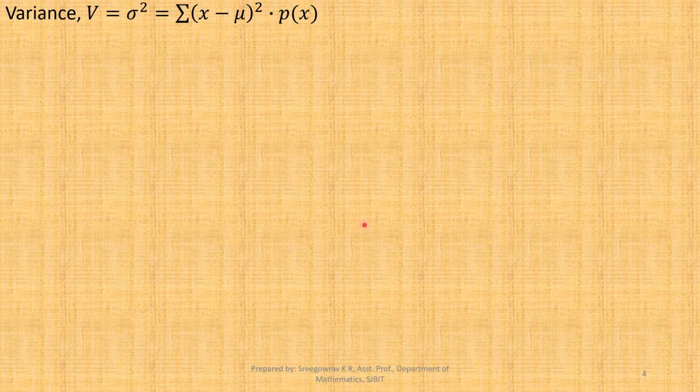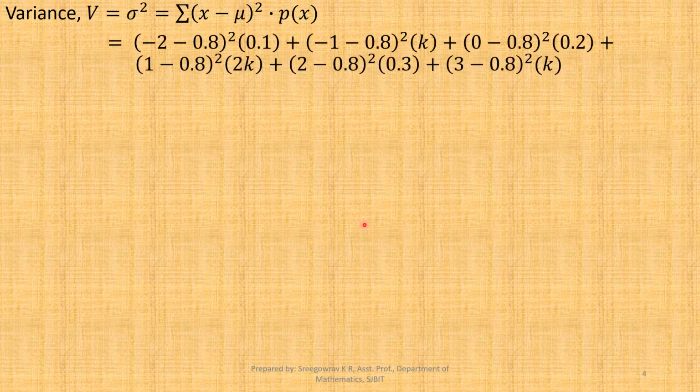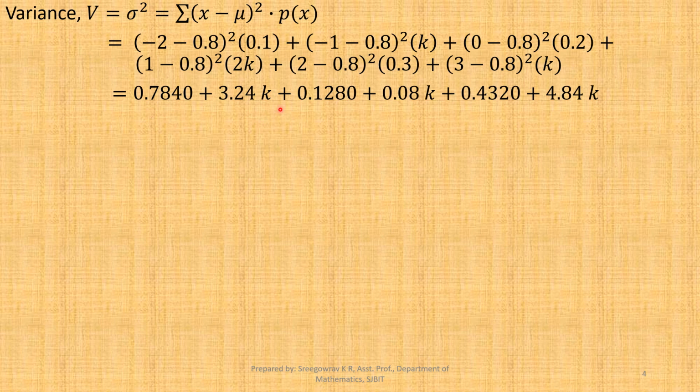Now using the values of x and p of x from the table, that is minus 2, minus 1, 0, 1, 2 and 3, mu is common for all the values, and substitute the respective p of x values from the table: 0.1, k, 0.2, 2k, 0.3 and k. Simplify this expression, we will arrive at this particular equation, and by using the value of k we will arrive at the final answer, variance v or sigma square is equal to 2.16.